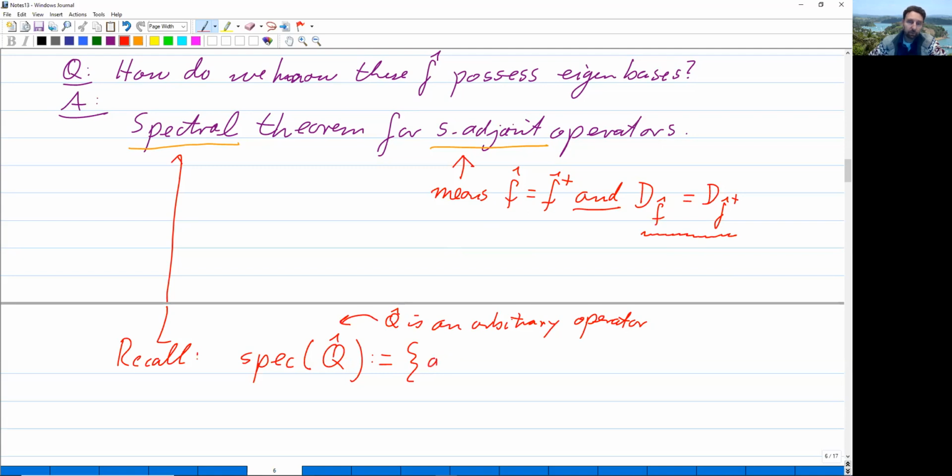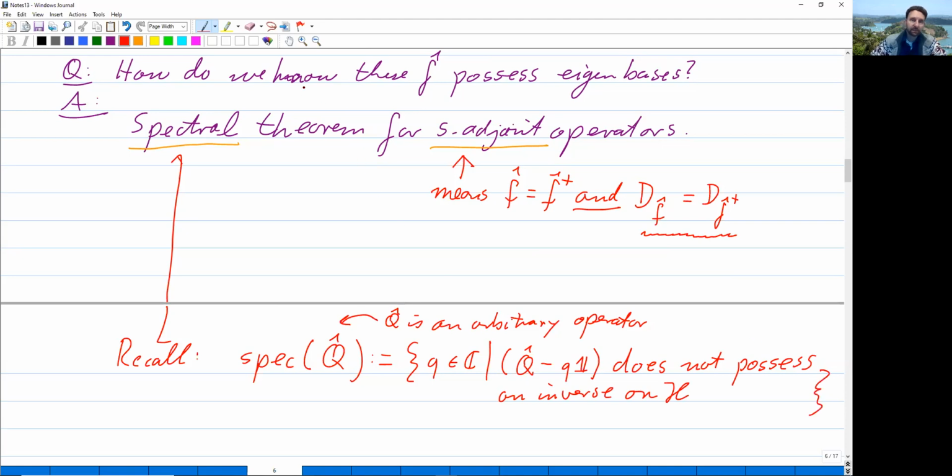A number q among the complex numbers is an element of the spectrum of our operator Q hat if, so it's the set of all q in C such that the operator Q hat minus little q times the identity does not possess an inverse on the Hilbert space.